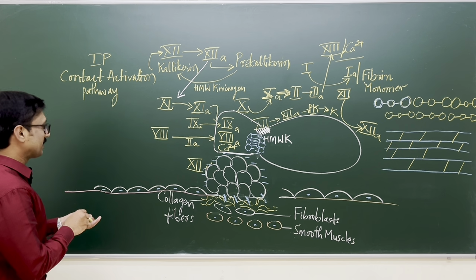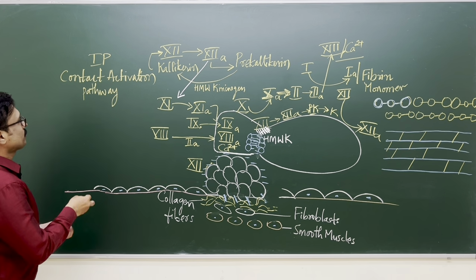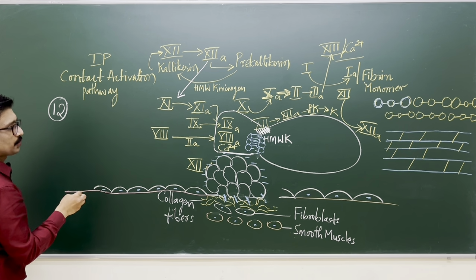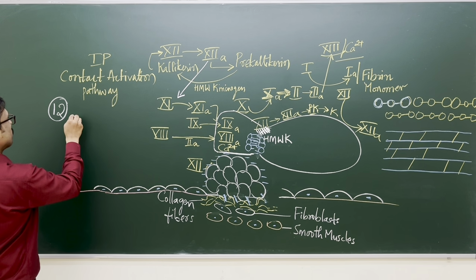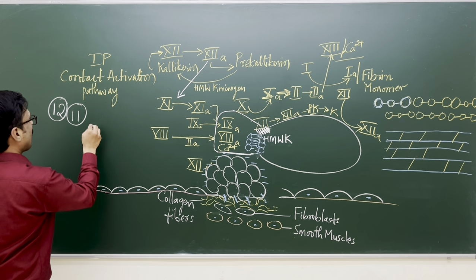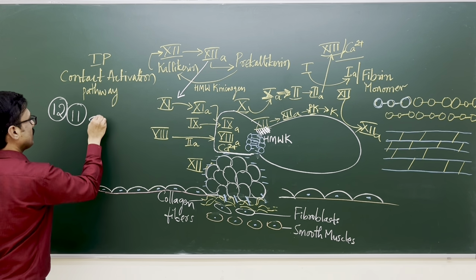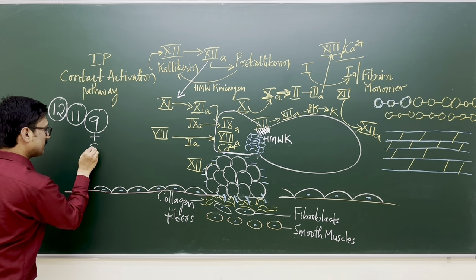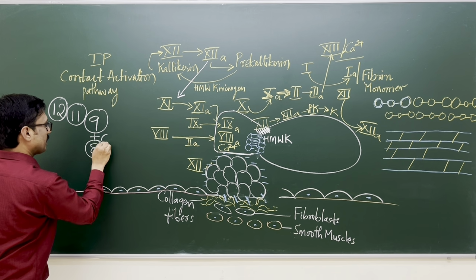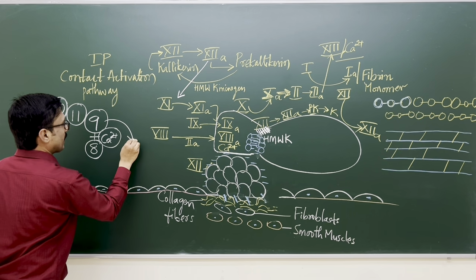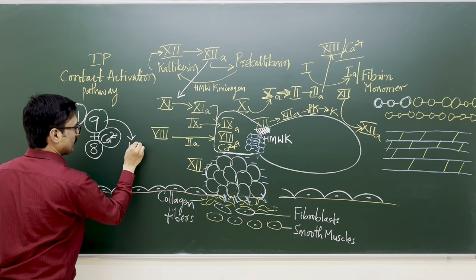So to summarize the intrinsic pathway, it starts from activation of factor 12. Activated factor 12 will activate factor 11. Activated factor 11 will activate factor 9. This 9 forms a complex with 8 along with calcium. This 9 will activate 10.